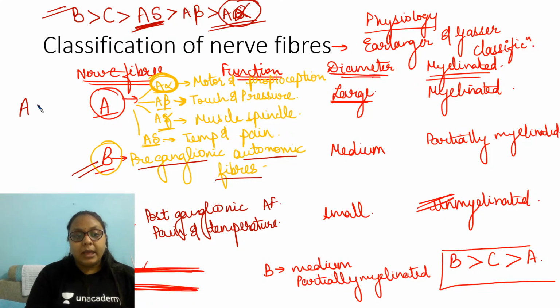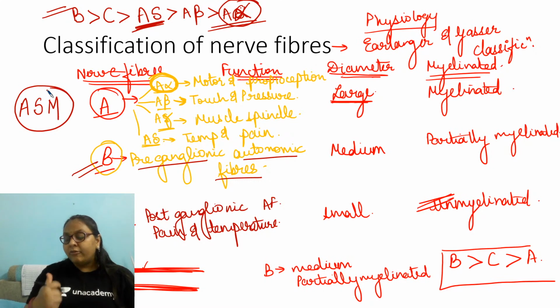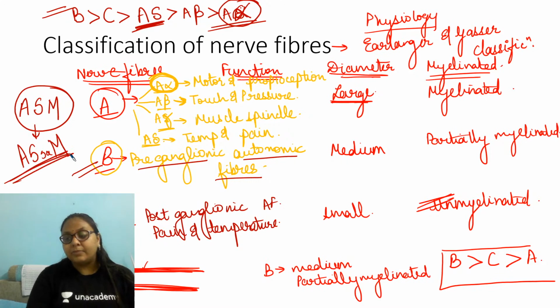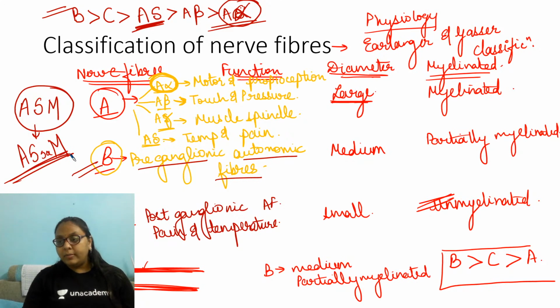First the autonomic sensation is lost, then the sensory, then the motor. How will you remember this? You will remember this as ASAM. First autonomic, then sensory, then motor. Is it clear?